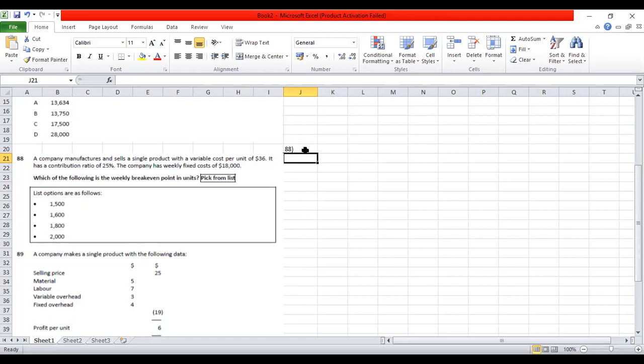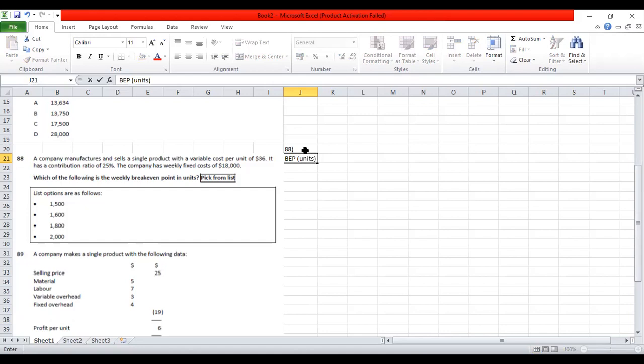It has a contribution ratio of 25%. The company has weekly fixed cost of 18,000. Which of the following is the weekly break-even point? Direct substitute that and then break-even point. We are asked to find out about the number of units.